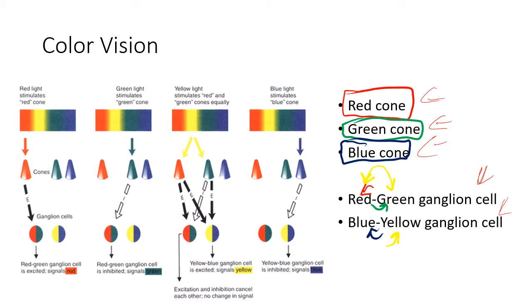So red, green, and blue come really easy, but yellow actually has to go through a more complicated process. Essentially the red cones are activated, the green cones are activated, but the blue cones are not activated, and the brain knows then that it's yellow going on.